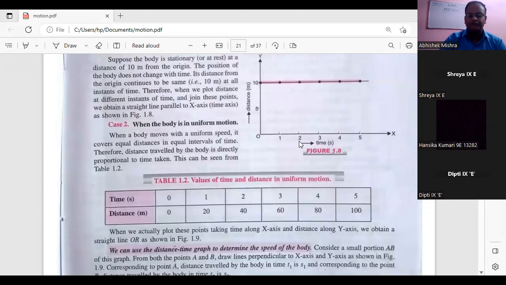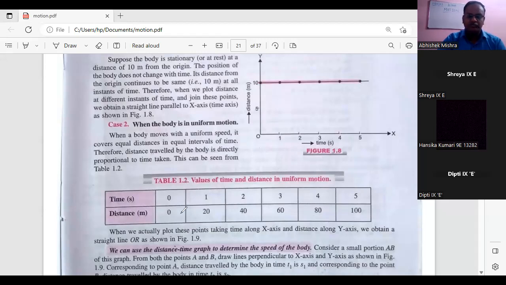For the body in uniform motion, let us first depict one data where the time plotted on the x-axis is 0, 1, 2, 3, 4, 5 seconds, and the distance, with every 1 second, changes by 20 meter.